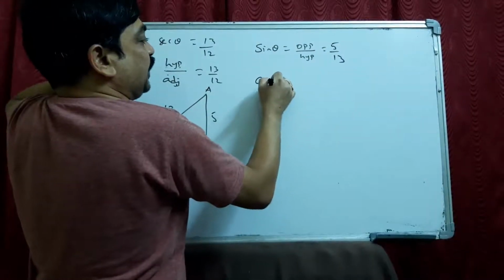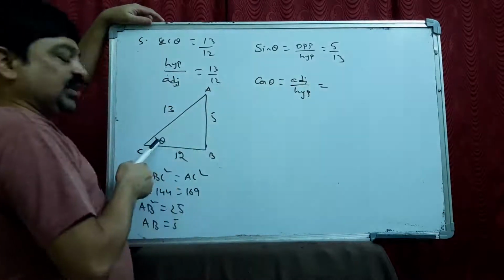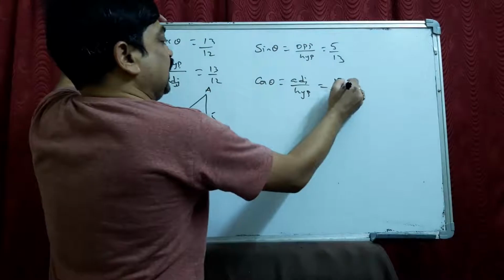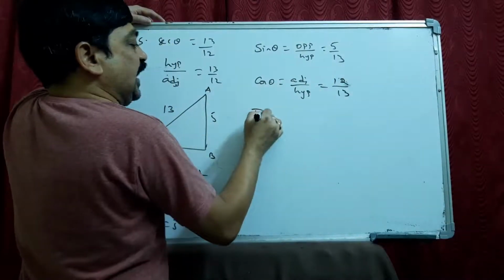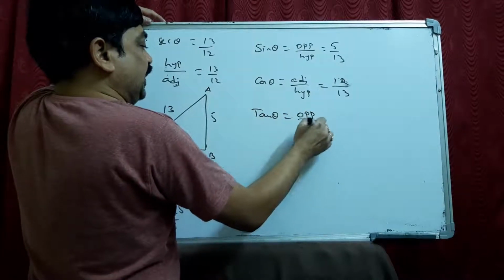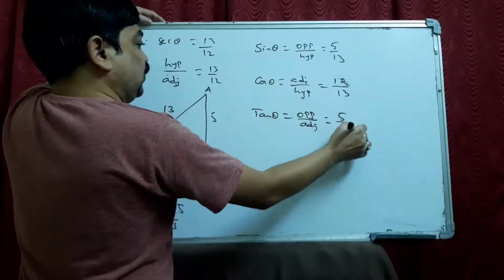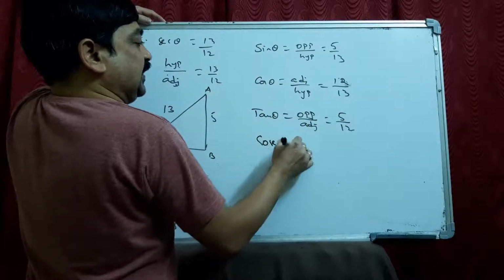Cos theta. Adjacent side by hypotenuse. Adjacent to whom? Adjacent to theta. 12 by 13. Tan theta. Opposite by adjacent. 5 by 12. Cosecant theta.